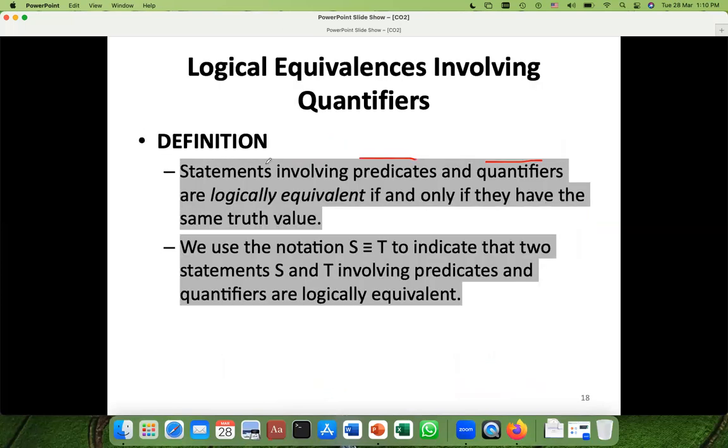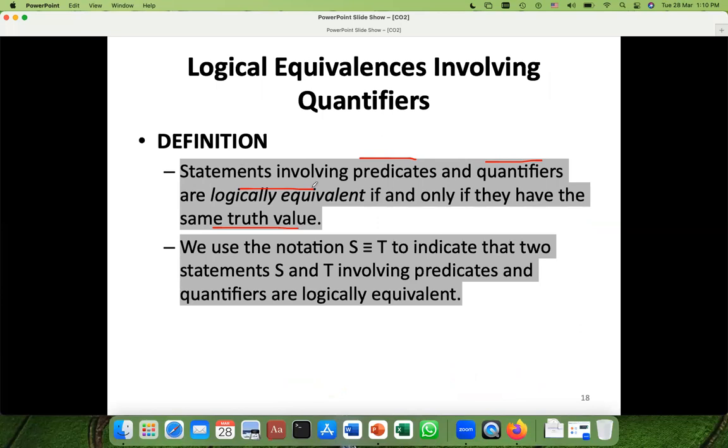So if there is a statement in which you have predicates and quantifiers, and you want to see whether those statements are logically equivalent, then what is the condition? They would be logically equivalent if and only if they have the same truth value.